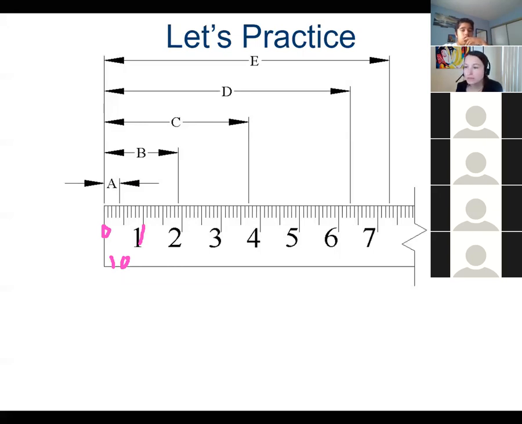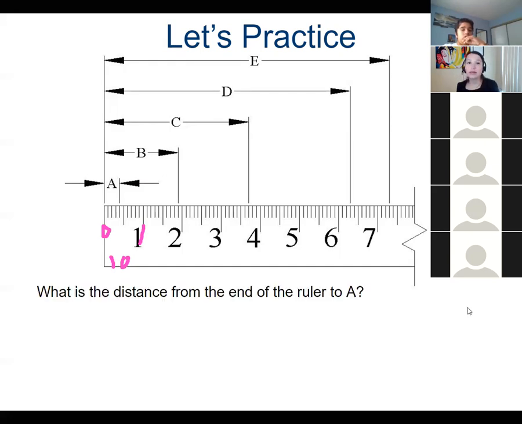Okay, so letter A. What is the measurement of letter A? 4 millimeters, or 0.4 centimeters. It's very important, especially when you type in your answers later, that you tell me whether you are using millimeters or centimeters, or are you super awesome and using both?